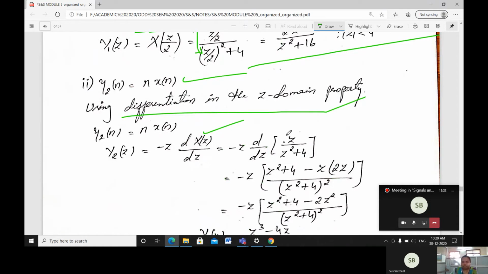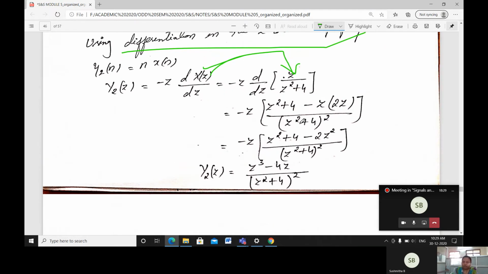Then do the differentiation, go on solving, and lastly you will get y2 of z equals z cubed minus 4z divided by z squared plus 4 the whole squared. This is the problem.